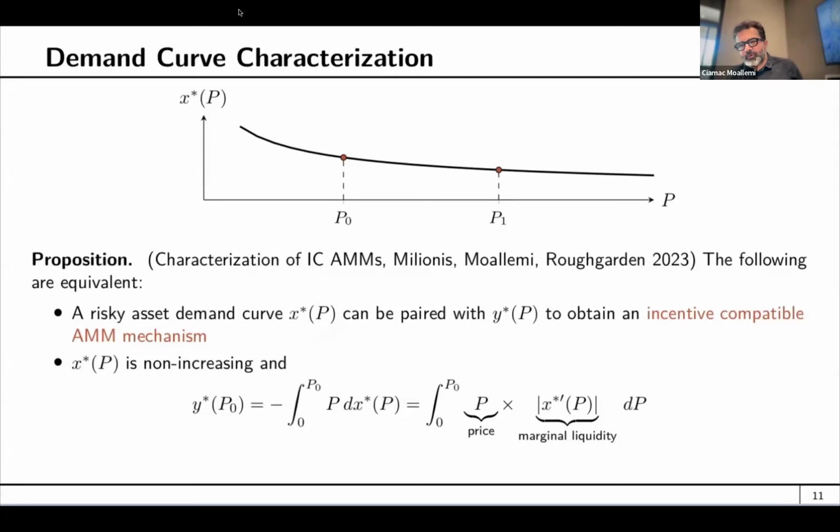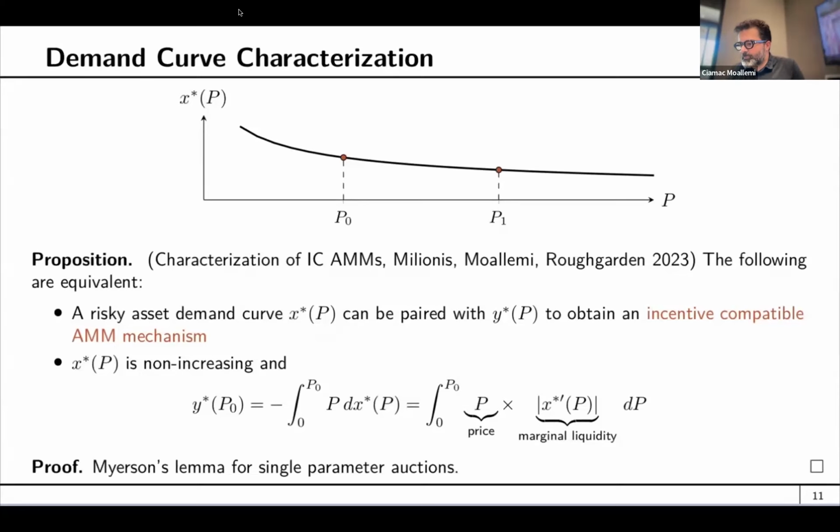And in fact, perhaps for those of you from a mechanism design background, this should start to seem a little bit familiar. This is basically a restatement of Myerson's lemma for single parameter auctions, right? The way we're viewing this is an incoming agent comes in with a type, the type being P, their valuation of the risky asset.